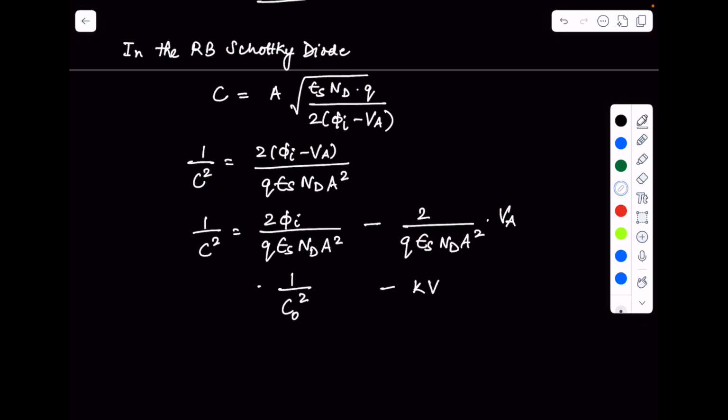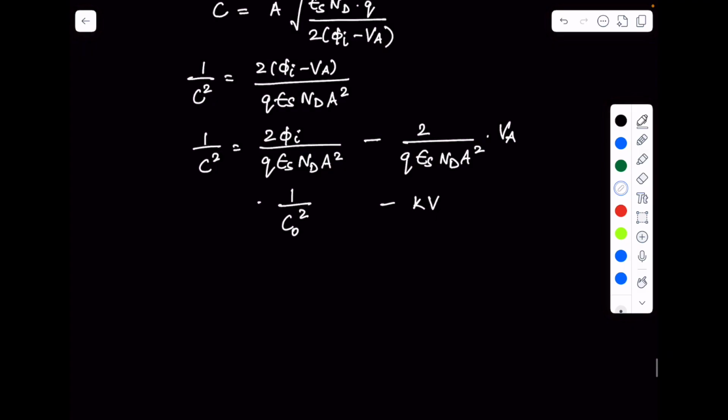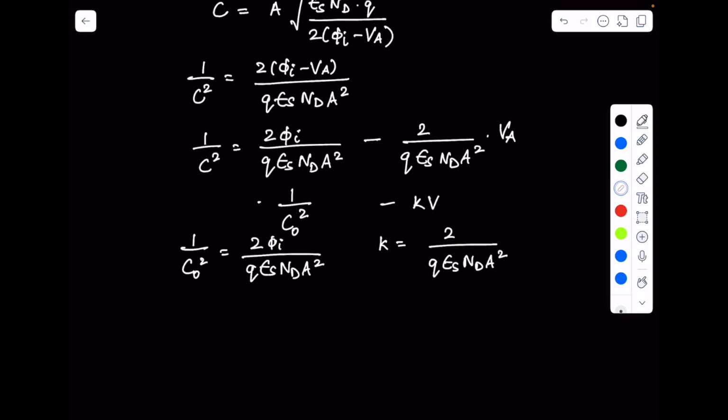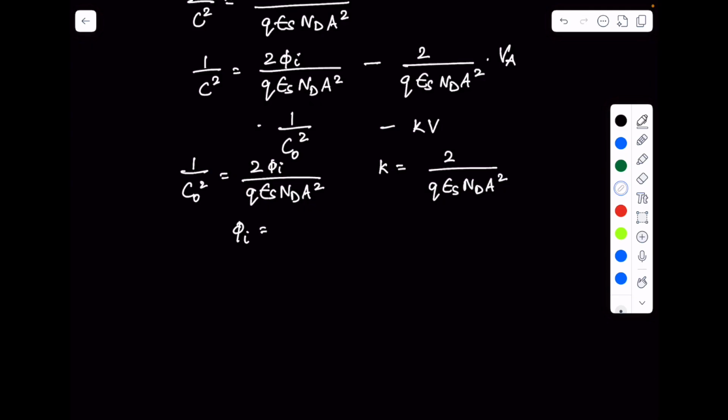You're asked to find the metal work function in the system, and you're given the area. So let's first start with φ_i. To find φ_i, I have that 1/C₀² is 2φ_i/(q ε_s N_D A²), and my k is given by 2/(q ε_s N_D A²). Therefore, to find φ_i, the built-in voltage of the diode, I divide this equation by this equation, which gives 1/C₀² divided by k.